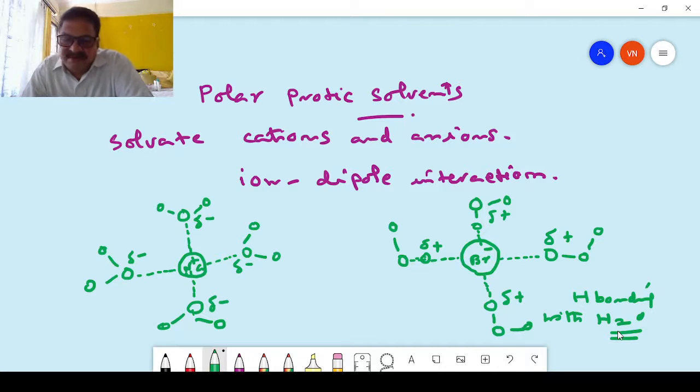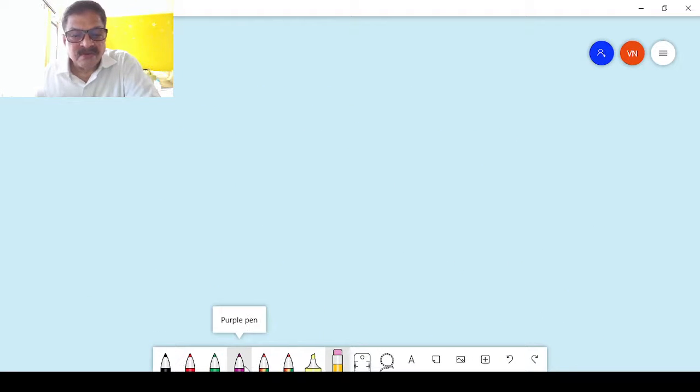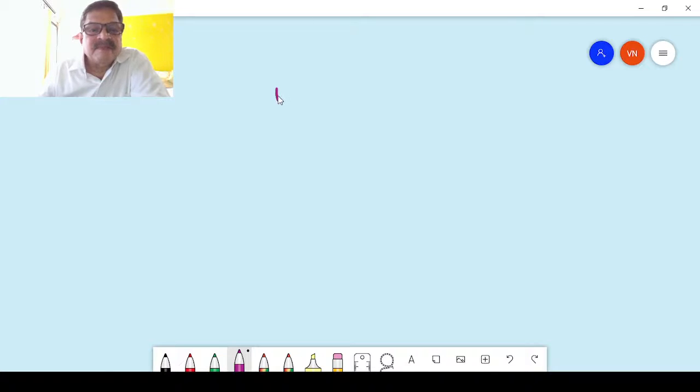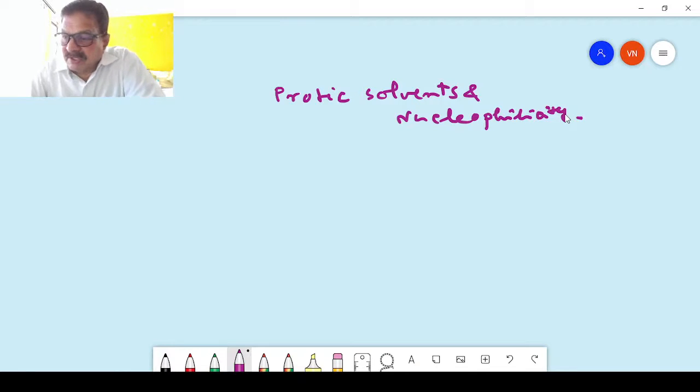In polar protic solvents, nucleophilicity increases down a column of the periodic table as the size of the anion increases.